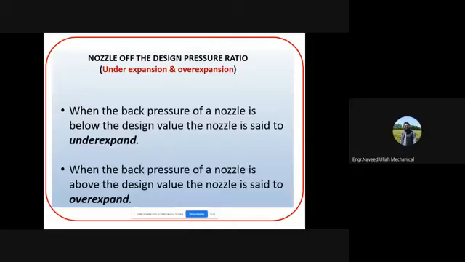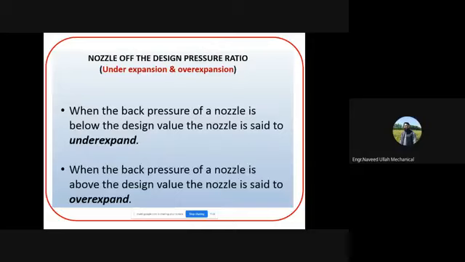We were opening the valve and decreasing the back pressure, and at the same time the mass flow increases and the velocity of the fluid also increases.